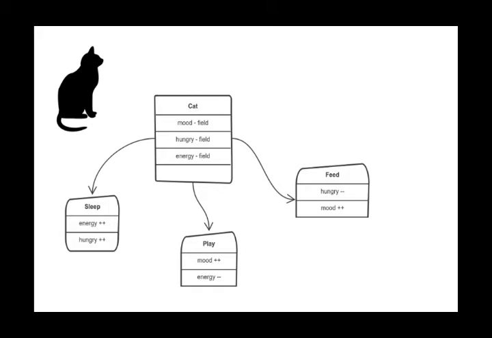During play, the cat's mood will increment while its energy will decrement. And lastly, while feeding, the cat's mood will increment while its hunger will decrement.